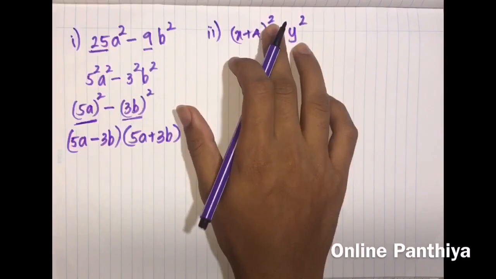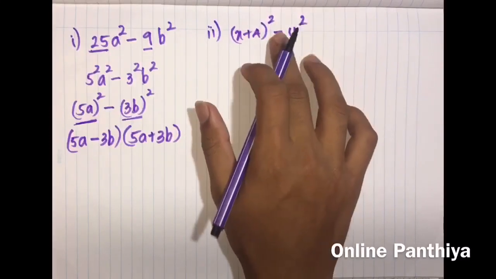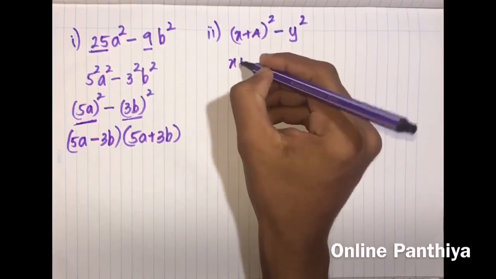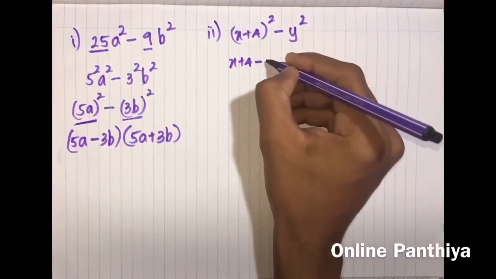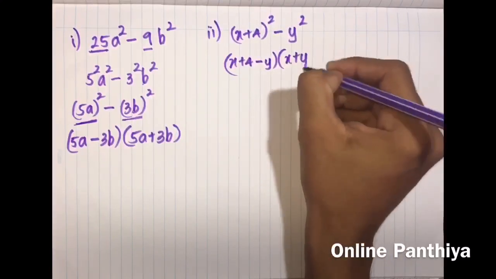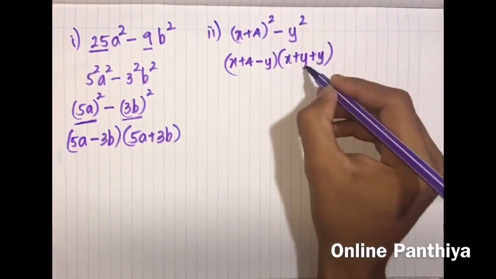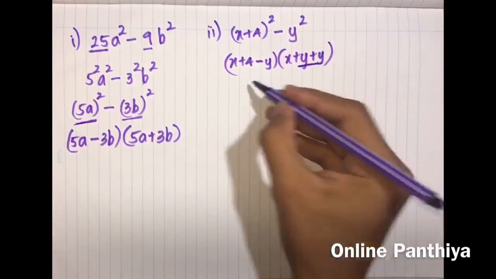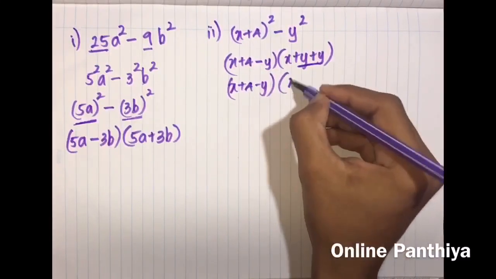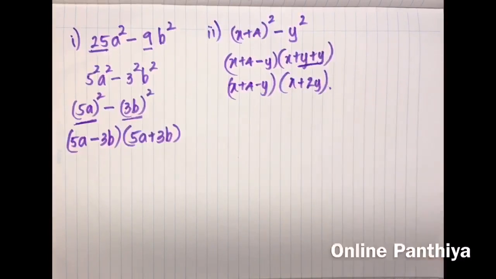It is a square term, this is also a square term, and you have a minus. Then just consider this as one term. That is x plus 4 minus y, and the other factor is x plus 4 plus y. You can do a small simplification here. That will give you x plus 2y. Is that clear?